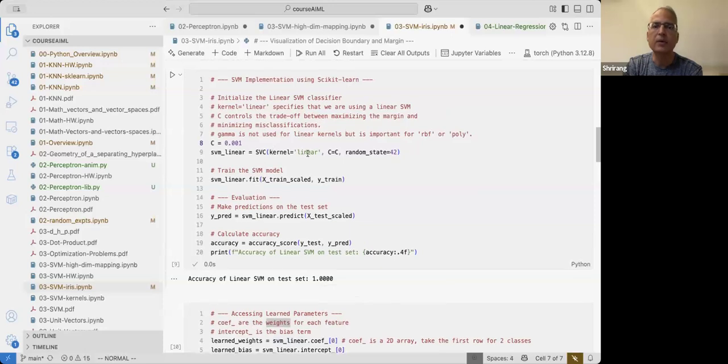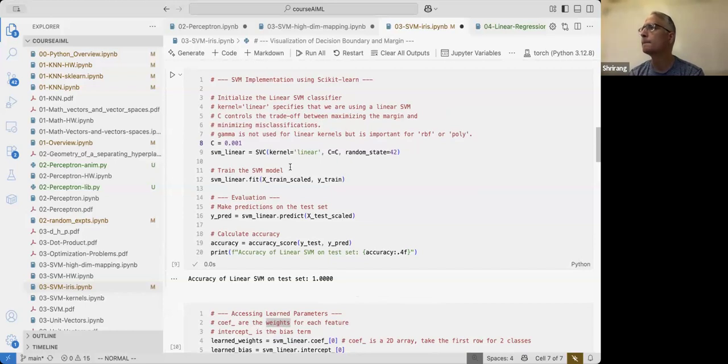I want to talk about that. That is the other very powerful difference, where you can extend support vector machines in directions that you cannot with the perceptron.